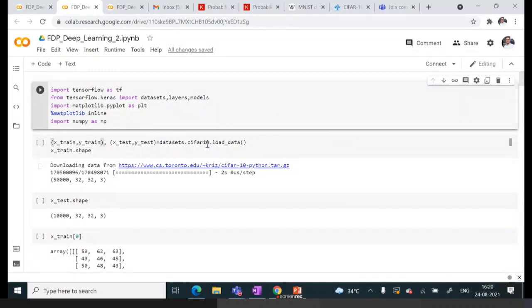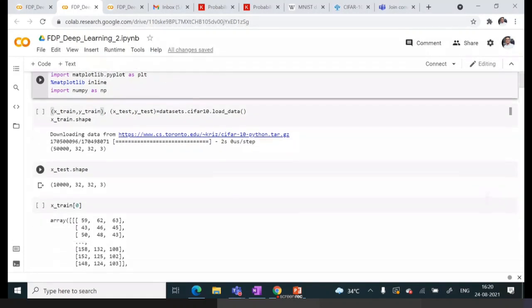Okay, fine. So now with respect to CIFAR-10, first we will load the data. Again we get these 4 parameters: X train corresponding to the images, Y train its corresponding correct answers, X test again images, Y test its corresponding correct answers. 50,000 images are in training, and 10,000 images are in testing.